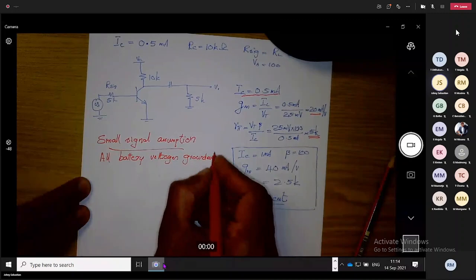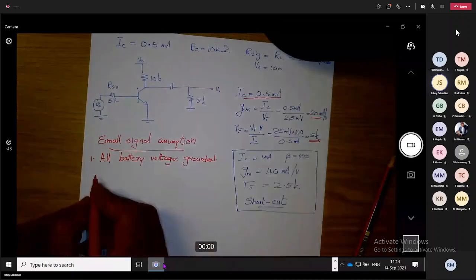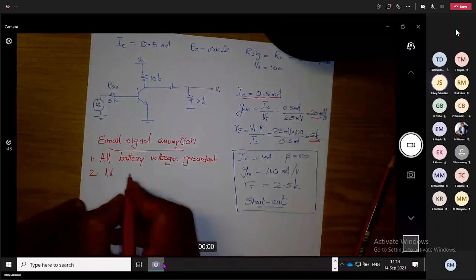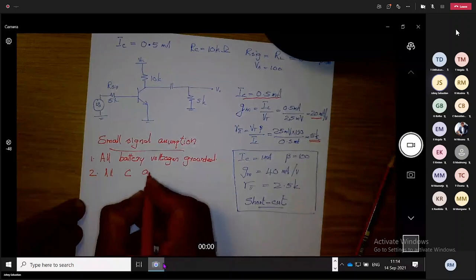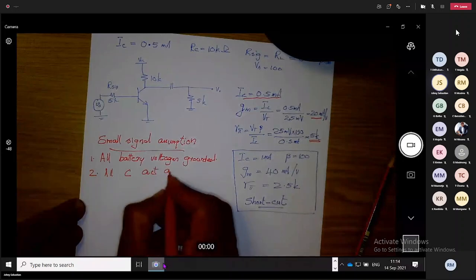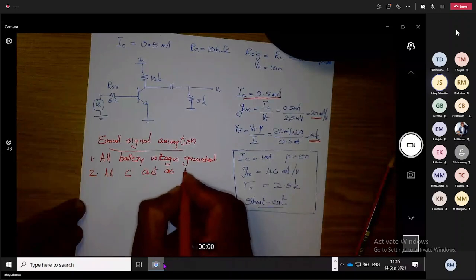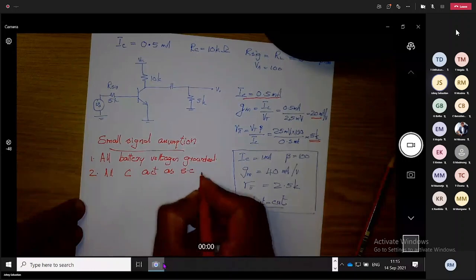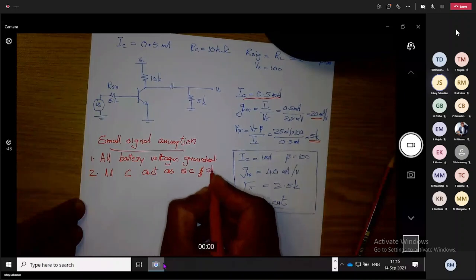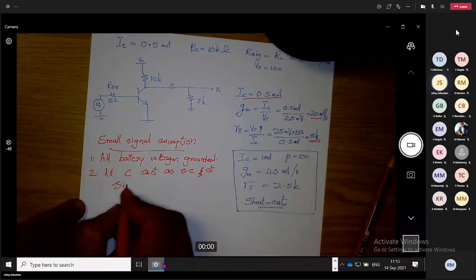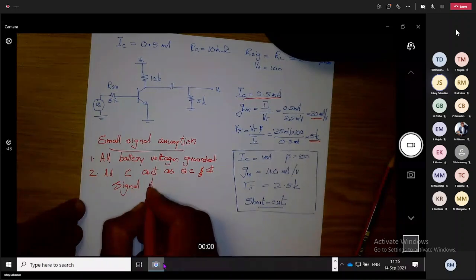Number two, all capacitors act as short circuit at signal frequencies.